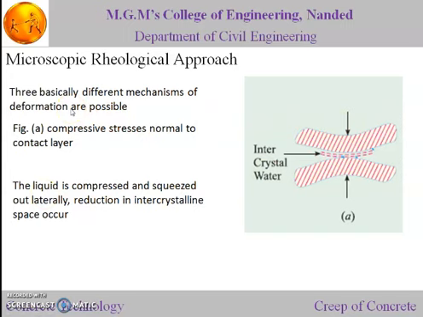As I already told you, there are three basic mechanisms that may take place in the concrete members. Figure A shows a compressive stress normal to the contact layer. If this compression force is acting, whatever liquid is present between these two particles gets squeezed out.